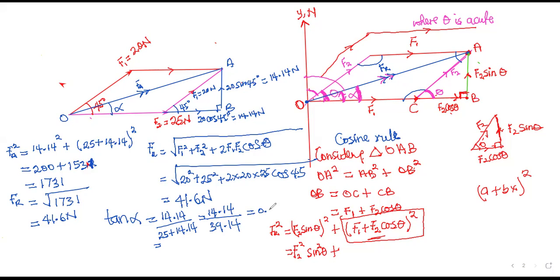So this ratio is 0.361267. Therefore, when you take the tan inverse of 0.36127, theta will be equal to, what's the tan inverse of that? 19.863.